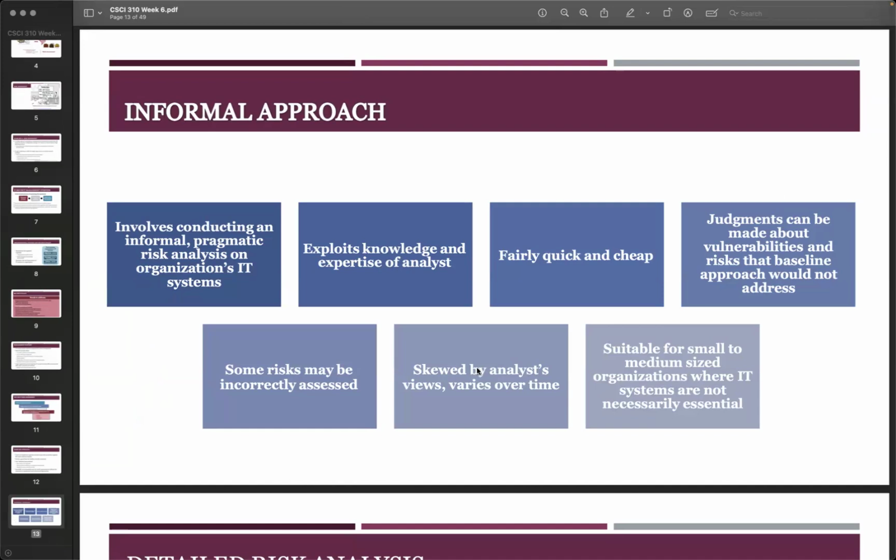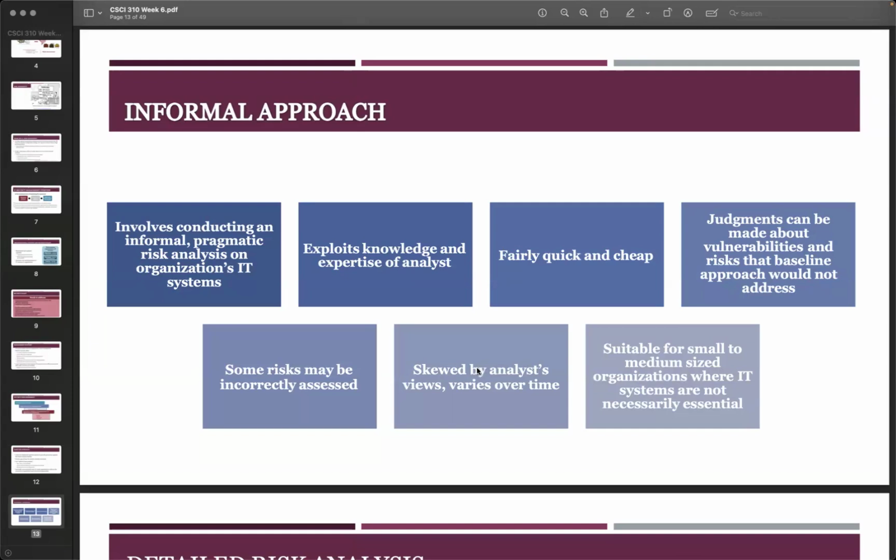It's much more common, because we may have a new company and new systems that are easier to build, so we just apply the baseline. But most of the time the company has already operated for 10 years, 20 years, a long time, and so we need to know what the possible risks are.